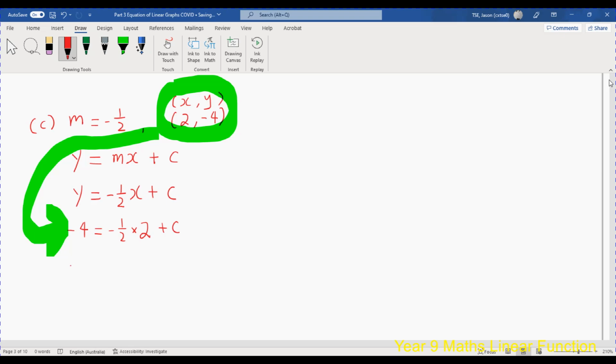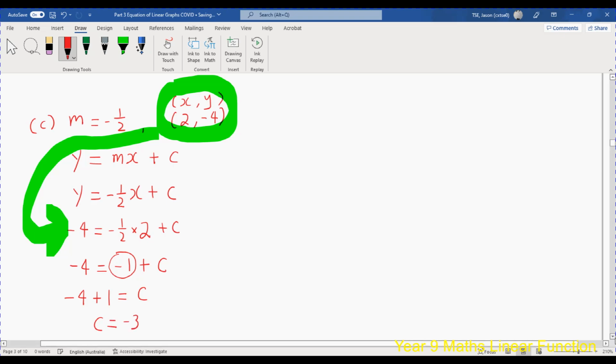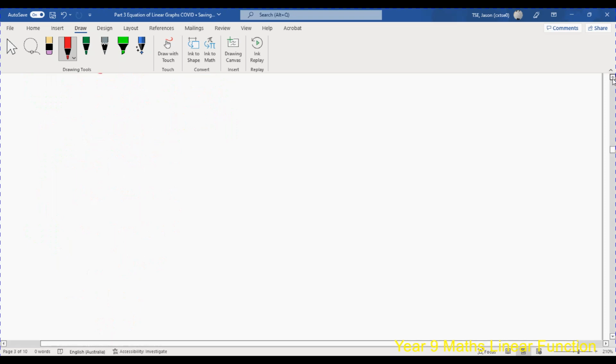So this is -4 equals minus half times 2, which is minus 1, plus c. Can we find c? Of course we can. You can just move the negative 1 to the left hand side. Remember this is minus 1 plus c, so we should add 1 to the left hand side, then you will get c. So c will just become minus 3. So we've got c eventually.